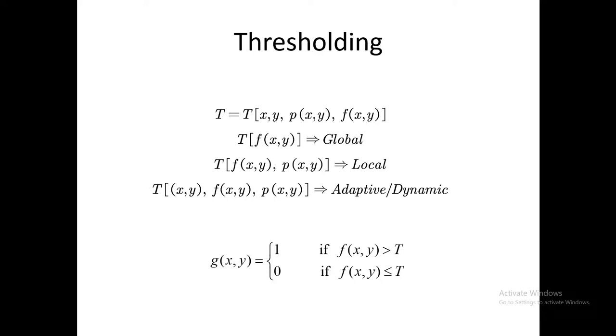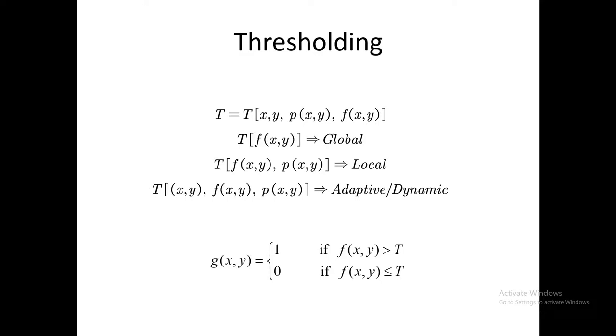And in the more general case, if T is a function of the pixel location as well as f(x,y) and p(x,y), then we say this threshold is an adaptive or dynamic threshold. Whichever the nature of threshold T, whether it's local, global or adaptive, our thresholding operation uses this threshold.